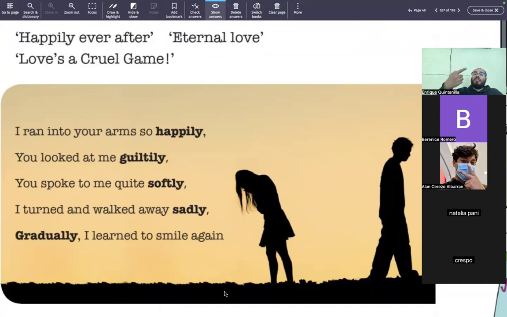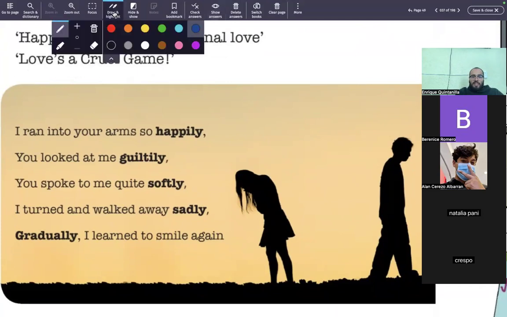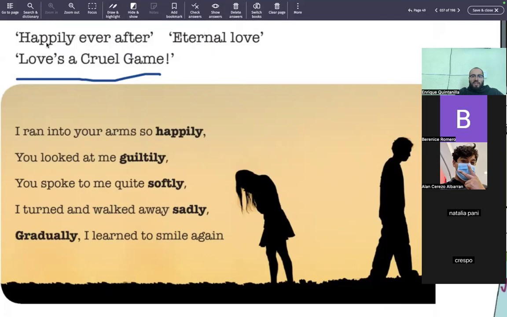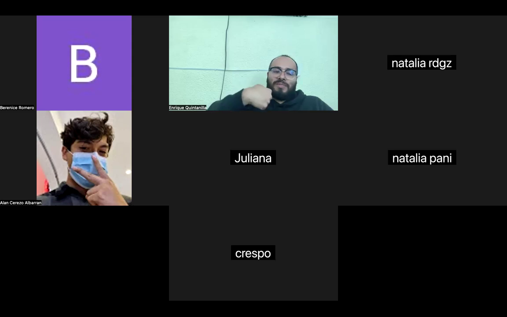Gradually, I learned to smile again. So no eternal love, it doesn't exist. Nada de eternal love, ni happily ever after, como Disney, it doesn't happen. So love is a cruel game. So don't love anyone, only yourself.